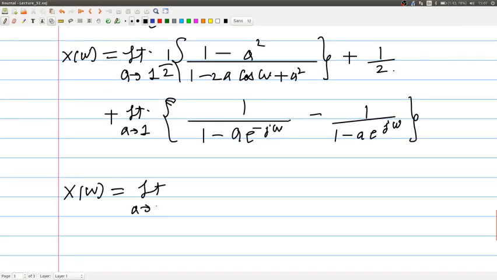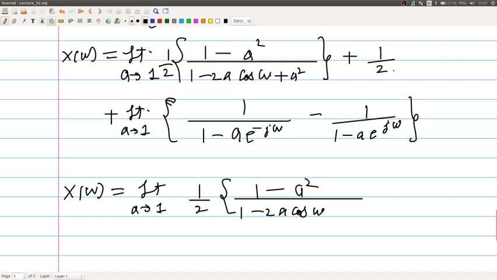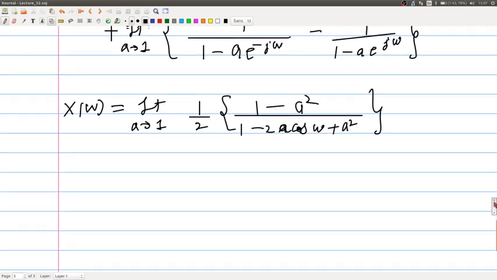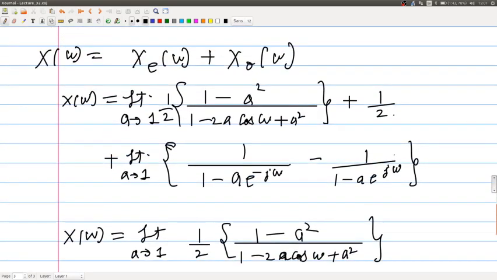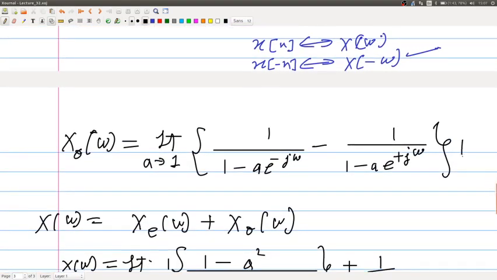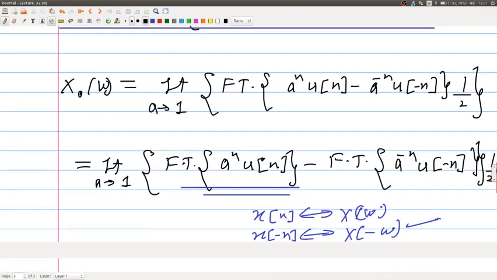Limit a going to 1, 1 by 2, 1 minus a squared upon 1 minus 2a cos omega plus a squared. Oh, there is a 1 by 2 here as well. Right, the 1 by 2 coming from this part.